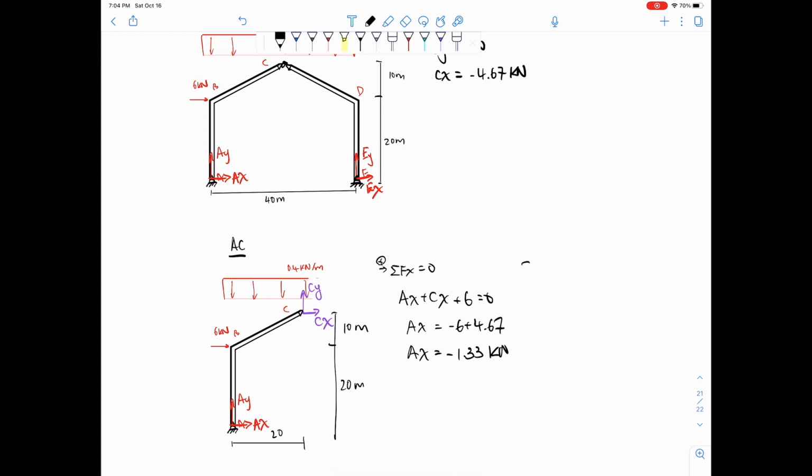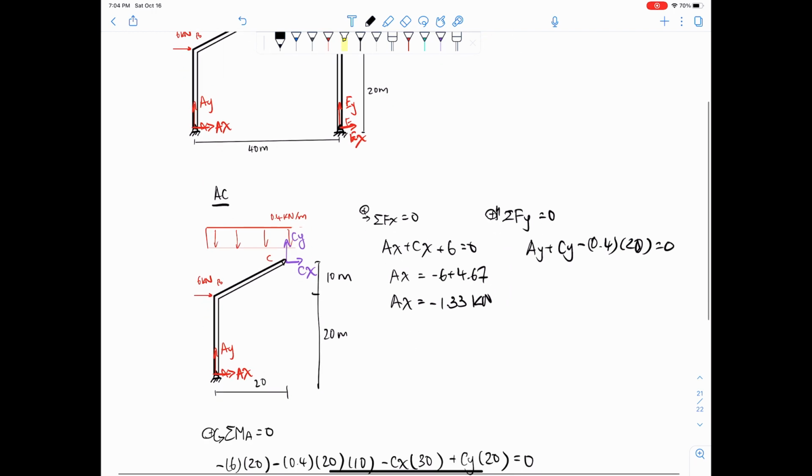All right. Then sum of forces in the y direction for this beam. We have ay plus cy minus 0.4 times 20 equals 0, right?